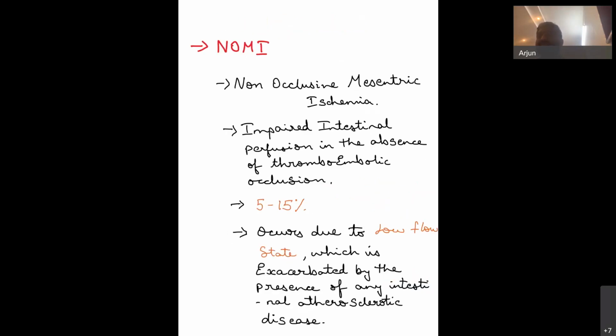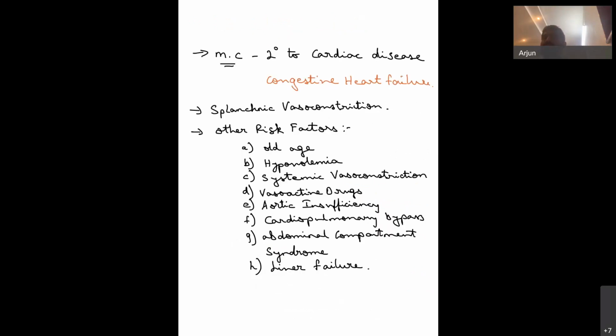Now coming to non-occlusive mesenteric ischemia, here impaired intestinal perfusion is in the absence of any thromboembolic occlusion. Here around 5 to 15% of the cases are seen, and it mainly occurs due to low flow states, which is exaggerated by the presence of any intestinal atherosclerotic diseases. It is most commonly secondary to cardiac diseases, congestive heart failure, and atrial fibrillation.